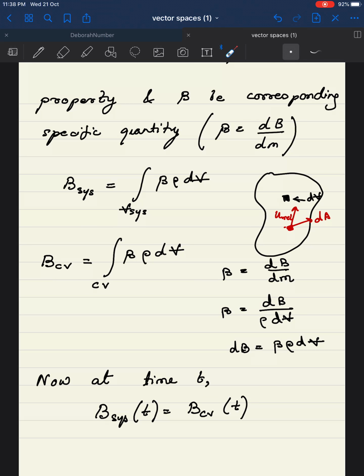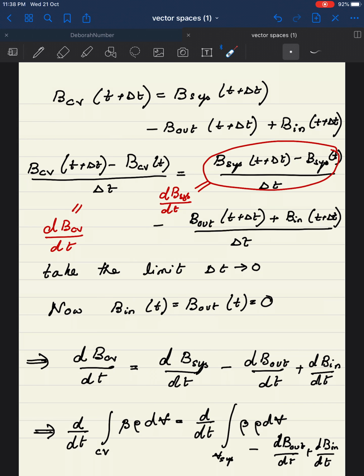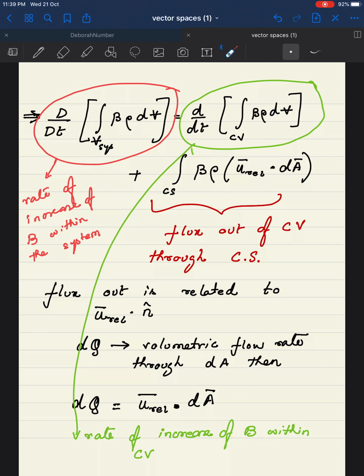Beta was the specific form of that, and then we converted. So we started off writing the equation in terms of the capital B, and once we did our mathematics, what we found is the final Reynolds transport theorem is in terms of my quantity beta.